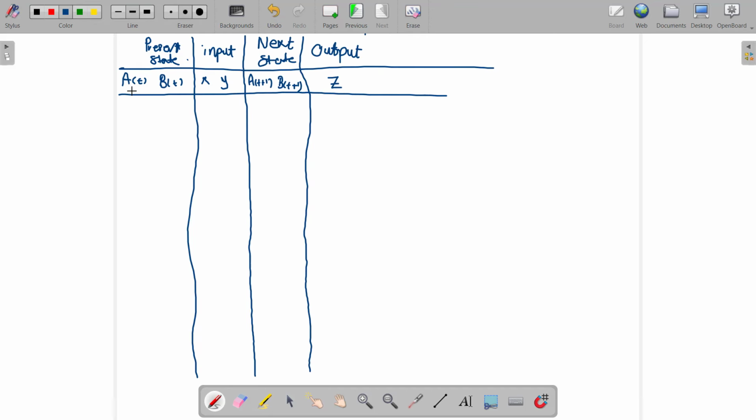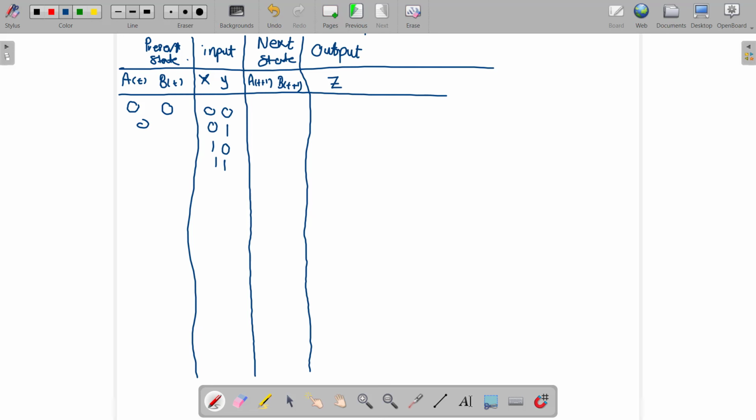Now, for the A(t) and B(t), because we have two variables, we have 4 possible combinations. On the other hand, we have 2 different inputs, so here also we have 4 different possible combinations. It means that for each combination of AB, we have 4 different combinations for the input in this form: 0 0, 0 1, 1 0, 1 1.